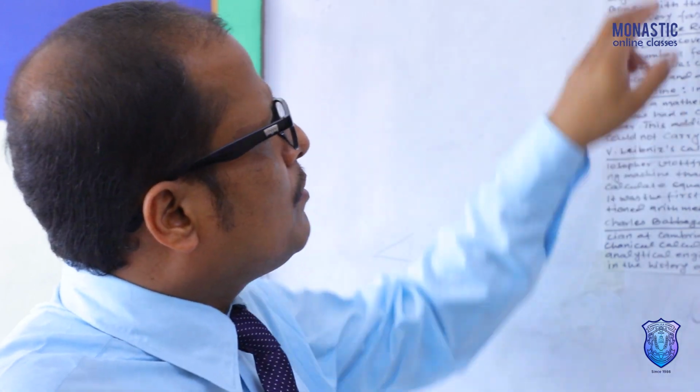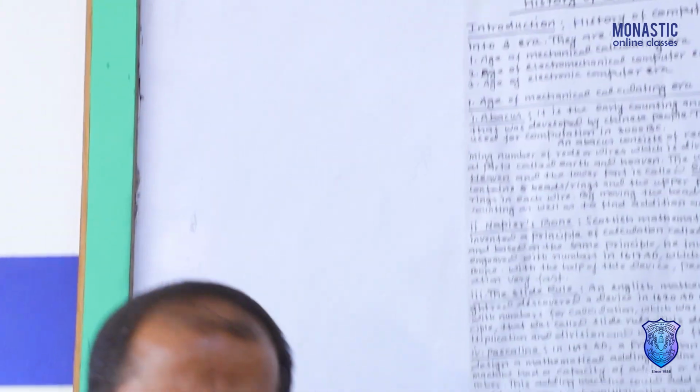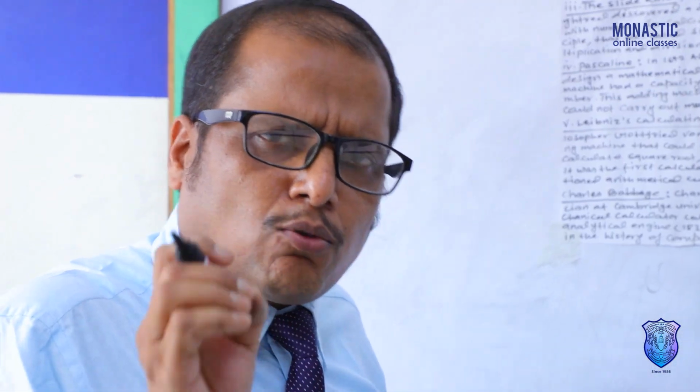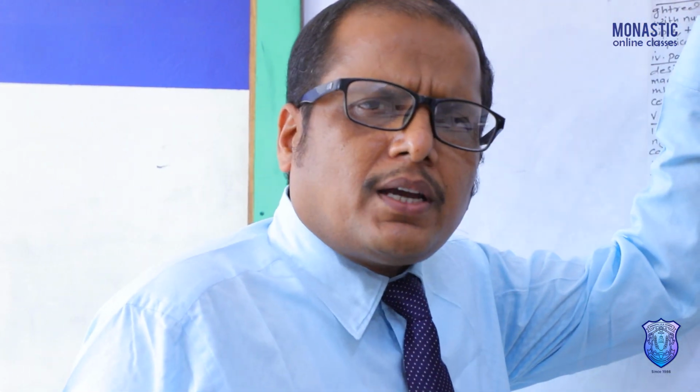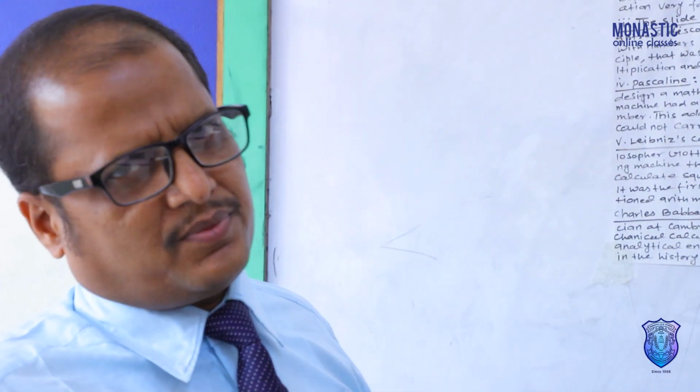Now, first is the abacus. Abacus is an early counting and calculating device. Previously, persons were using it to count as well as to calculate. The abacus was developed by Chinese people, and this device was first used for computation in 3000 BC.